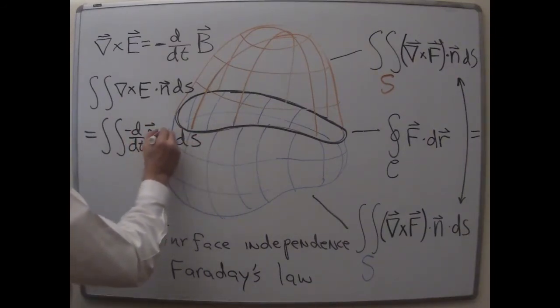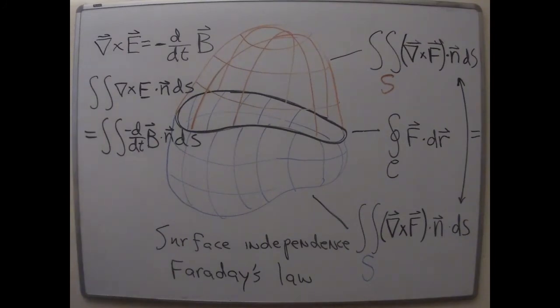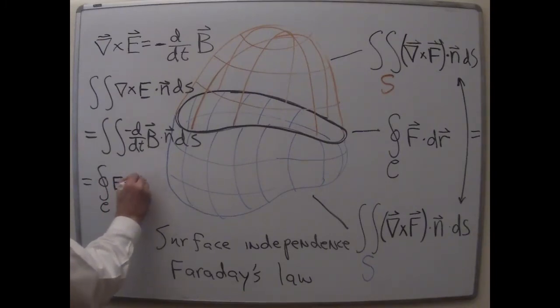Sorry, I'm starting to draw on the thing. And you can use Stokes's law now to say that, for either of these, the double integral of a cross product is equal to the integral around the boundary of, well, E dot dr. I think I'm getting that right.